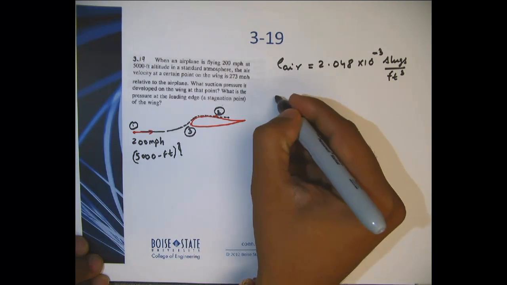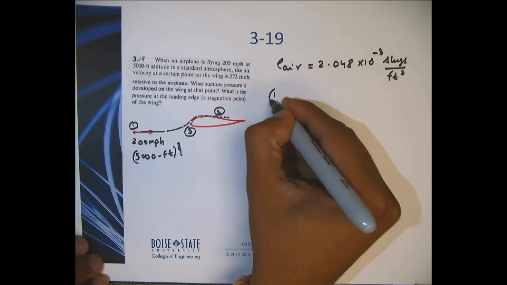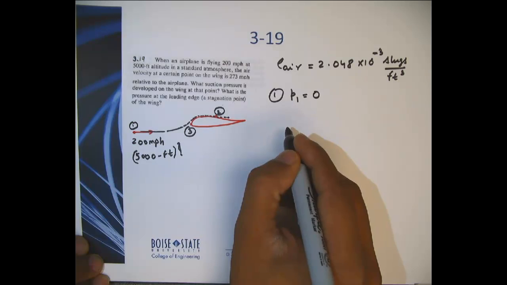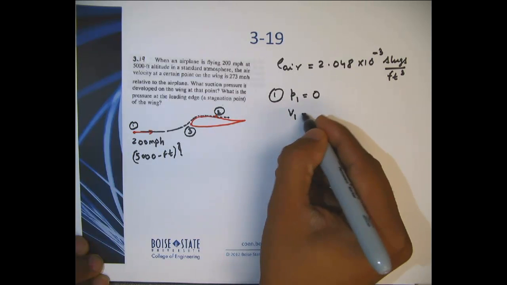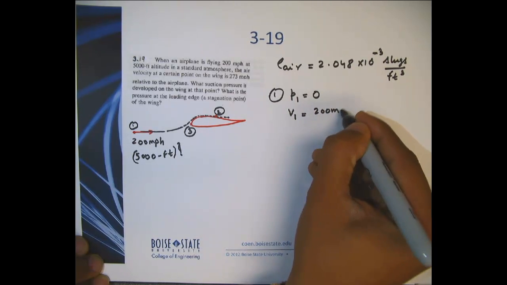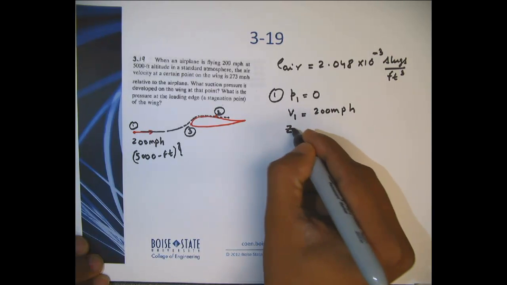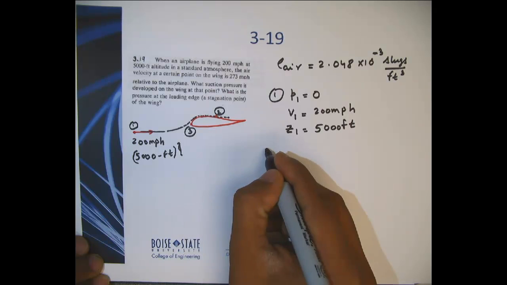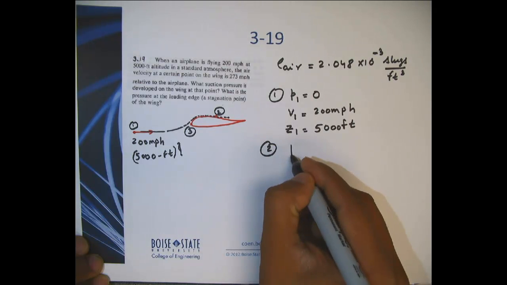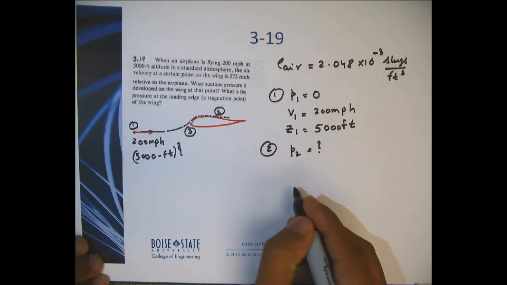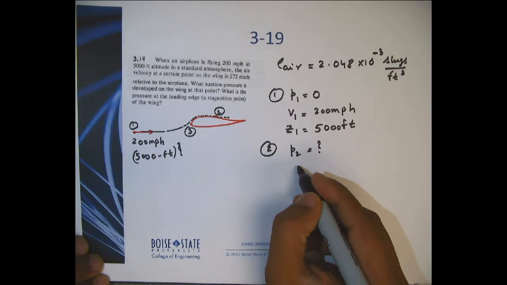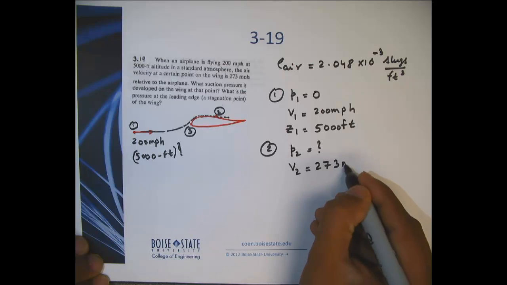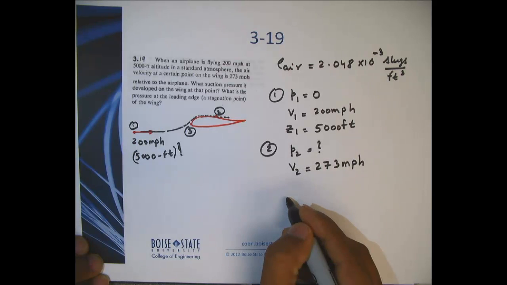Let's write what we know at point 1. We know that pressure is 0 gauge, V1 is 200 miles per hour, Z1 is 5,000 feet, and at 2 we are asked to find P, so let's put a question mark there, and we know the velocity there, 273 miles per hour.